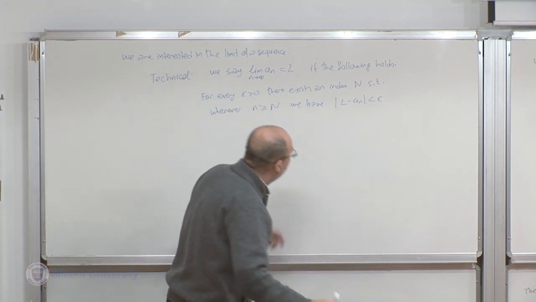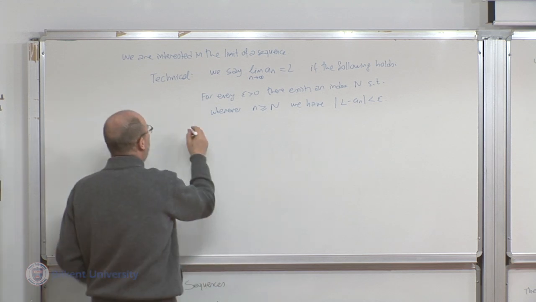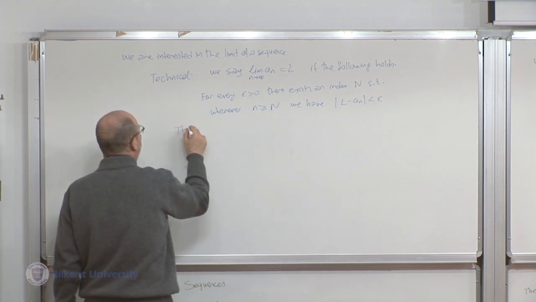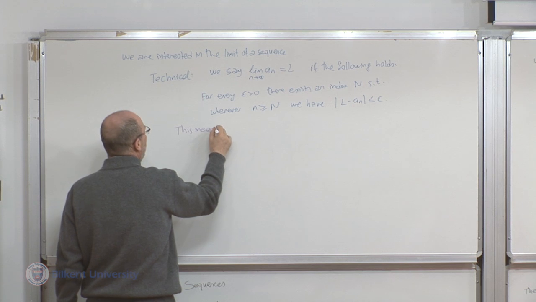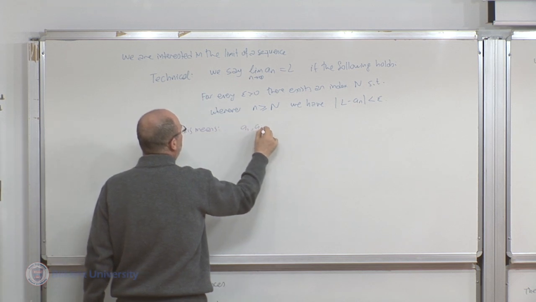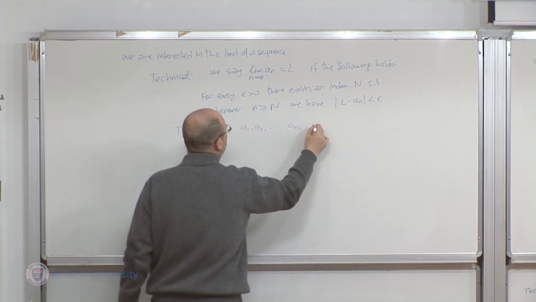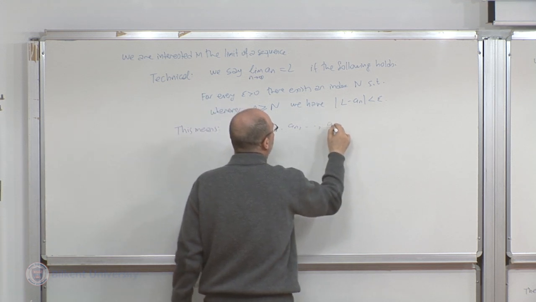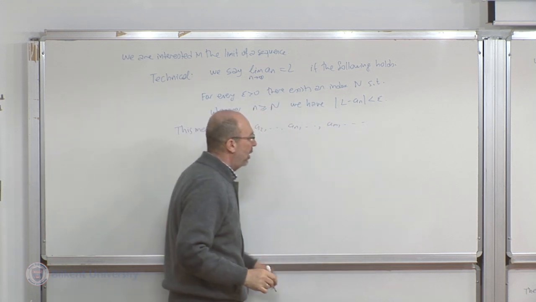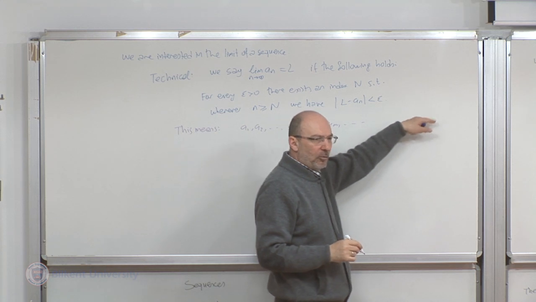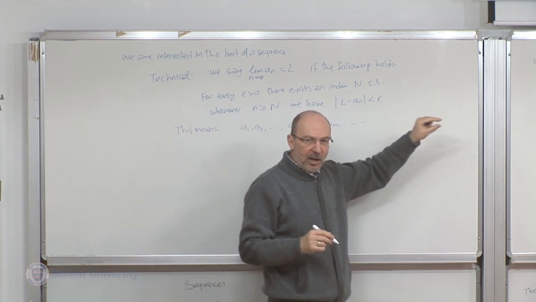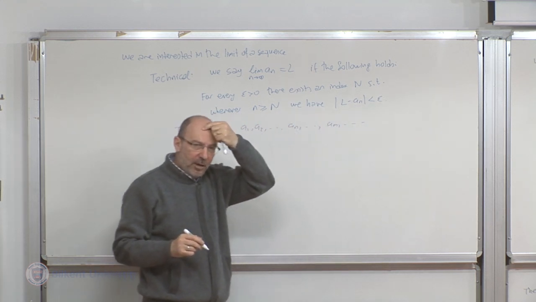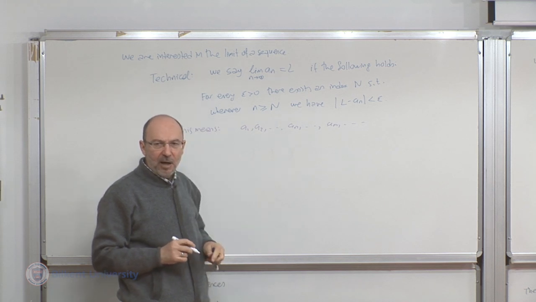It means that we have this infinite sequence. So we have this thing, an, and then we have more terms here. These are fluctuating, going up and down, but we realize that they seem to be dancing around a number.